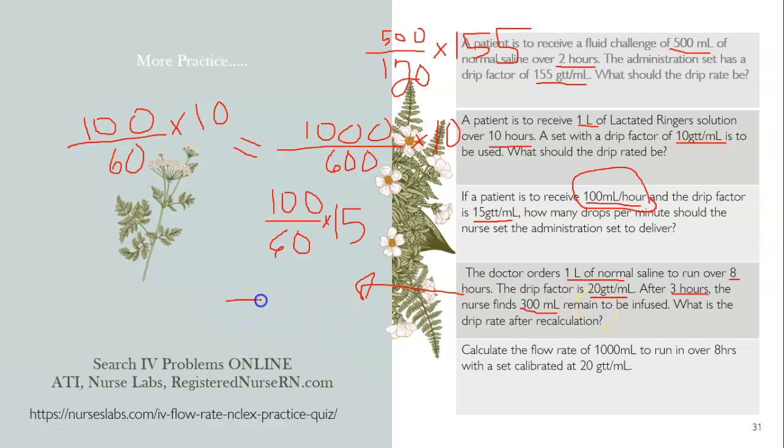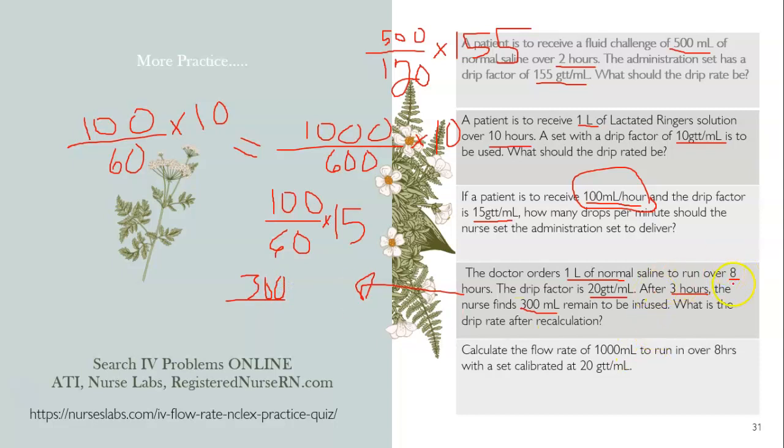So here is a question. Why do I care about the liter? Why do I care about 8 hours? It's asking me, after 3 hours, the nurse finds 300 remaining to be infused. Oh, hold on. 300 in the remaining 8 hours?